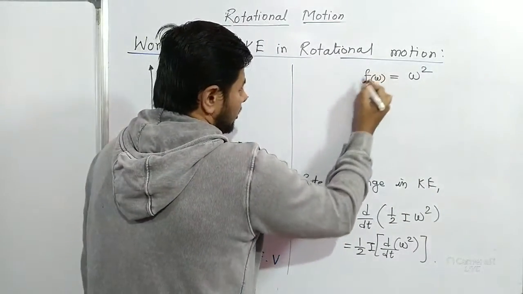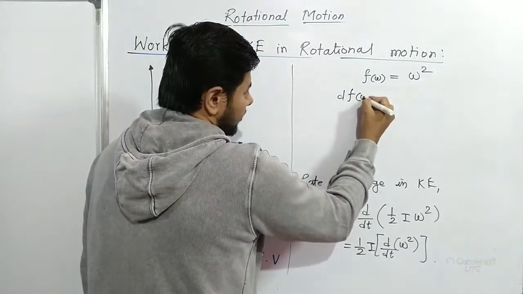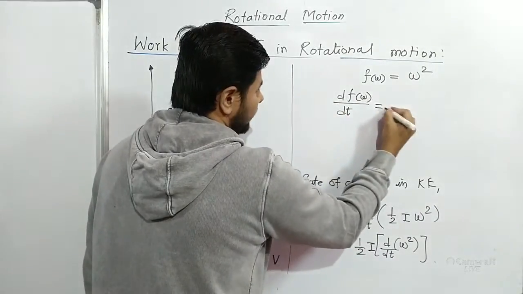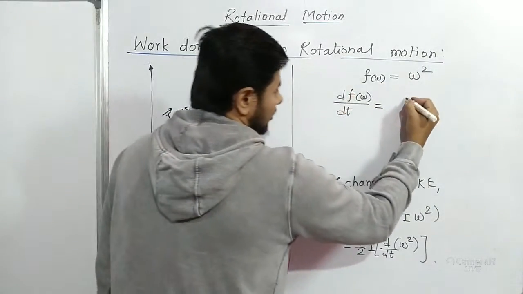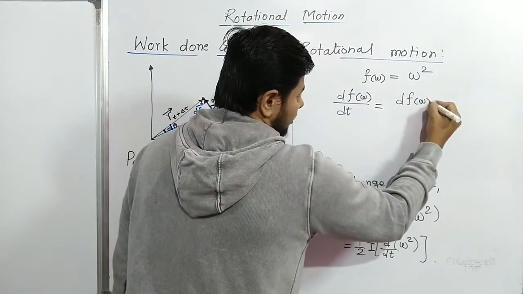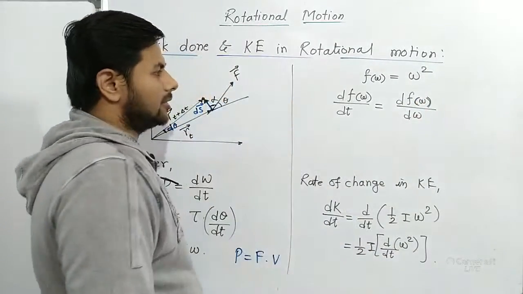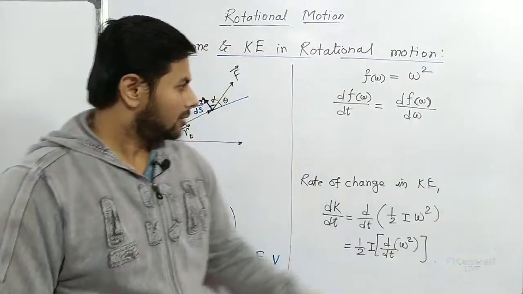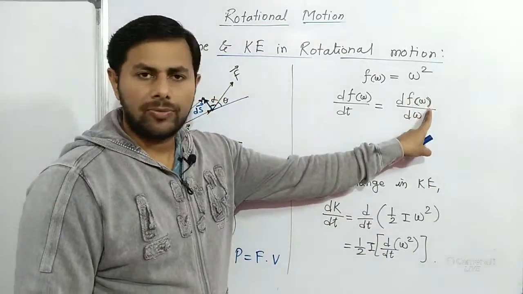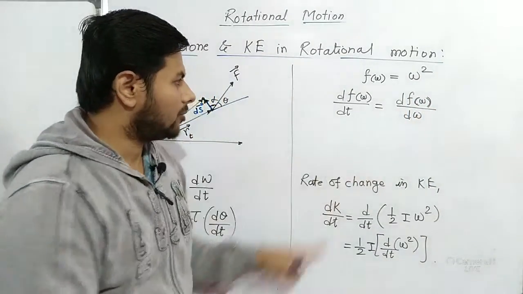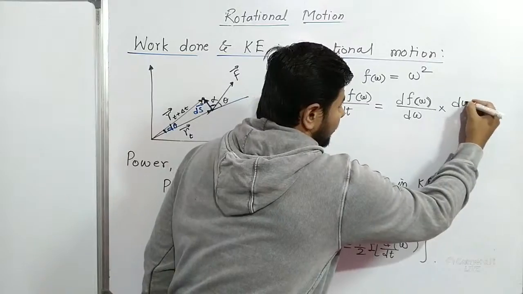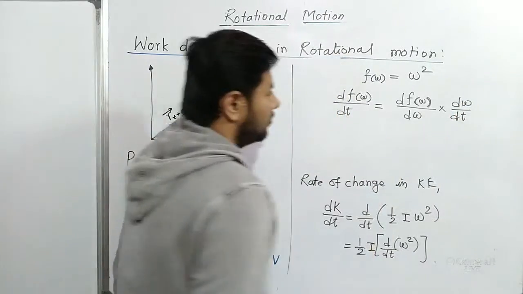The derivative of this function with respect to time will be the derivative of this function with respect to its argument omega, multiplied by the derivative of omega with respect to t.